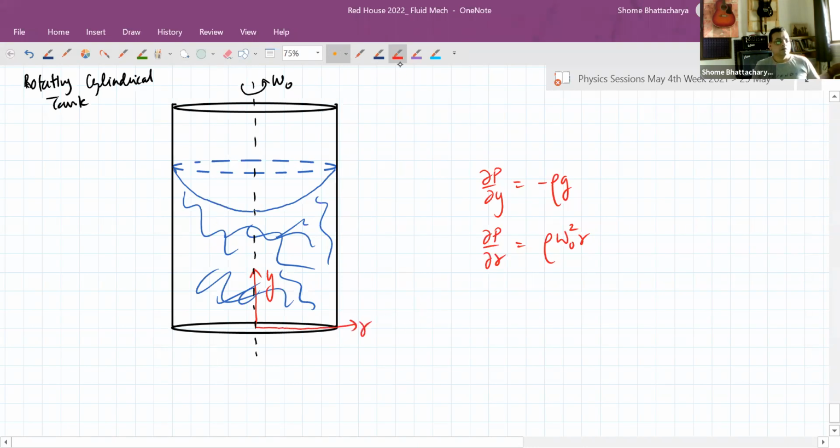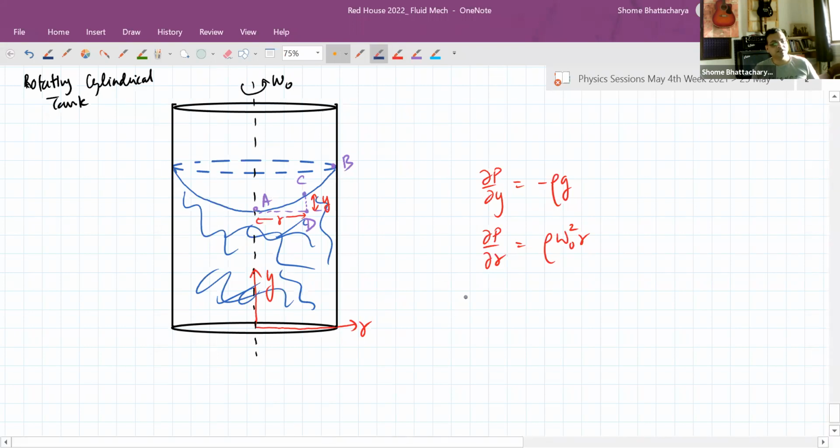Now, for example, consider this point A, this point B, or some point C on the surface like this, and some point D over here. Consider the vertical displacement between C and D as y, and the horizontal displacement between A and D as r.